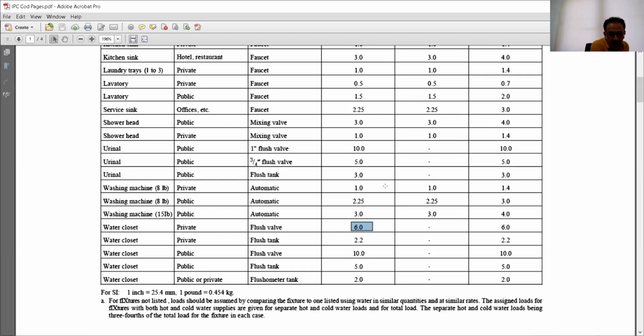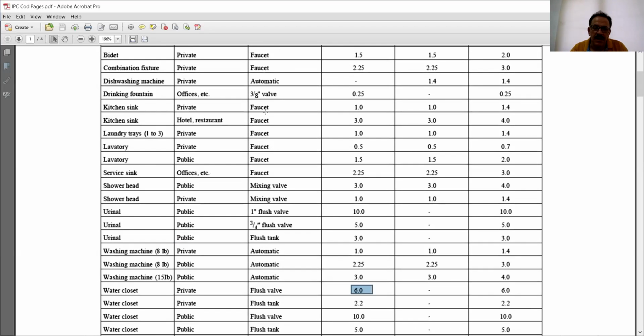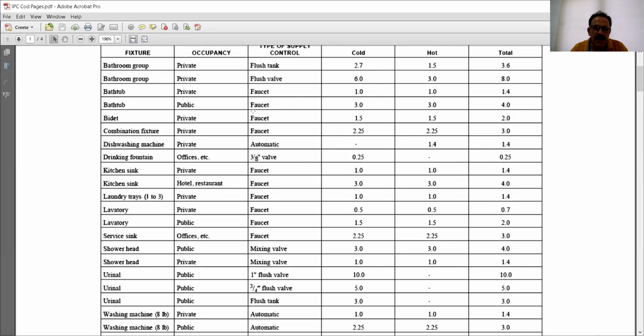What that means is, if I have both a toilet and, as I told you, a bathtub, and I link them together, let me make it here.